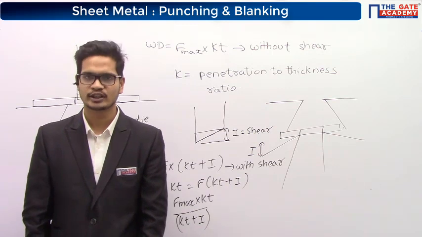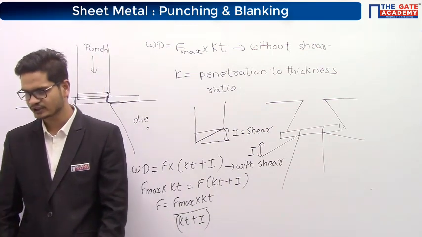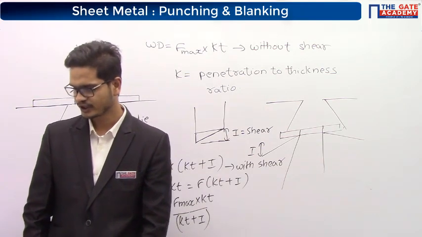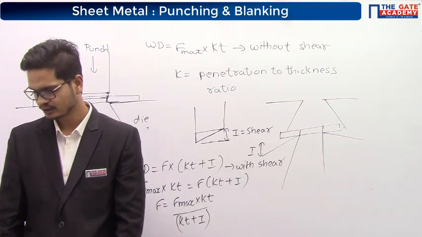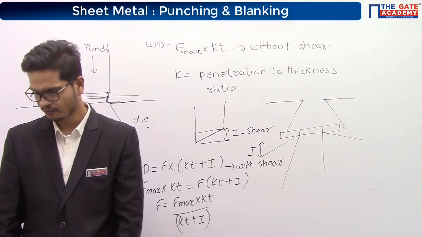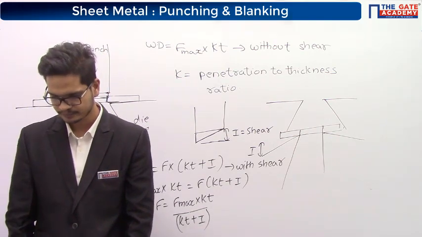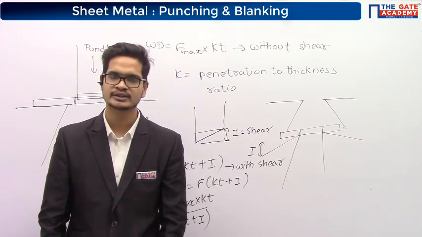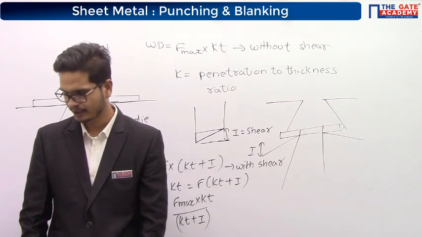The shear strength of the steel is 400 Newton per mm square, and the penetration is 25%.